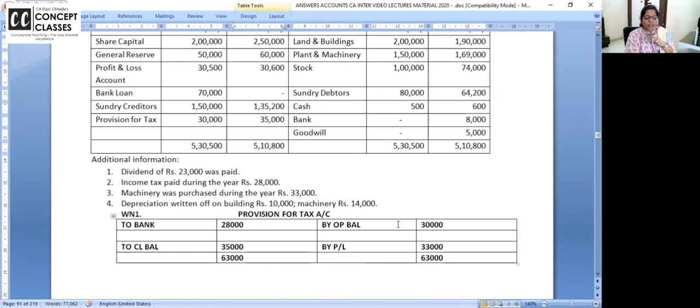But I did opening provision 30. Against that income tax I paid only 28. So 2,000 was already there, no? So I wanted 35 provision. 2,000 opening provision excess was there. I will use it and I'll make only 33,000 as my provision. Clear to all of you?